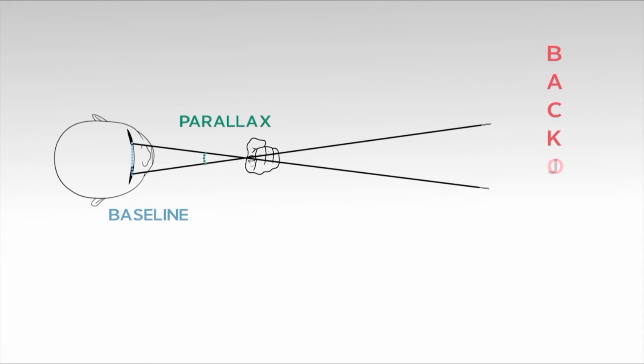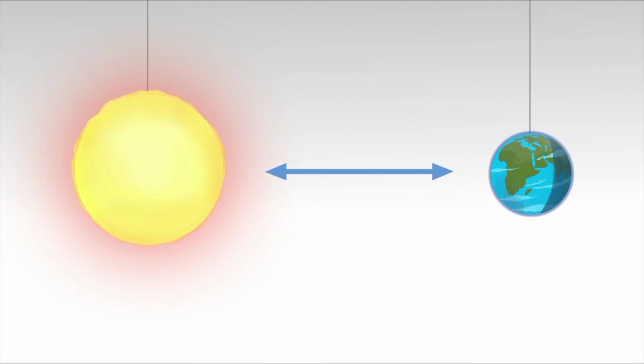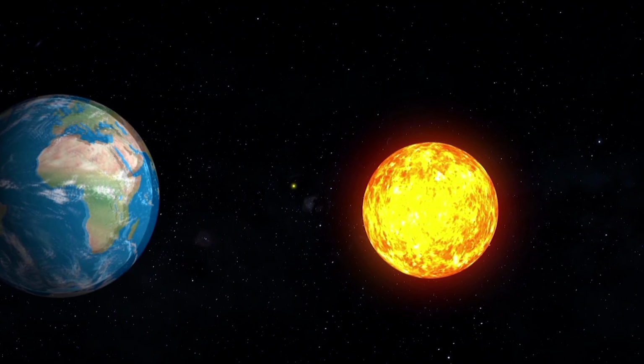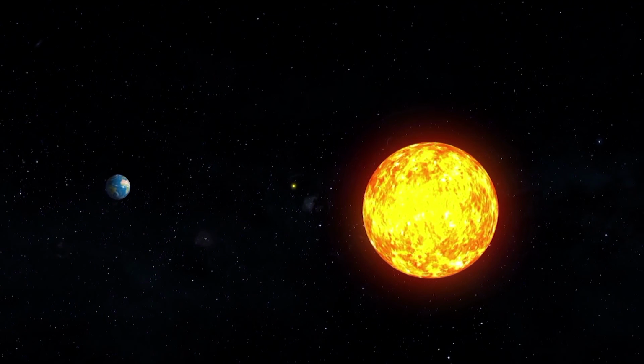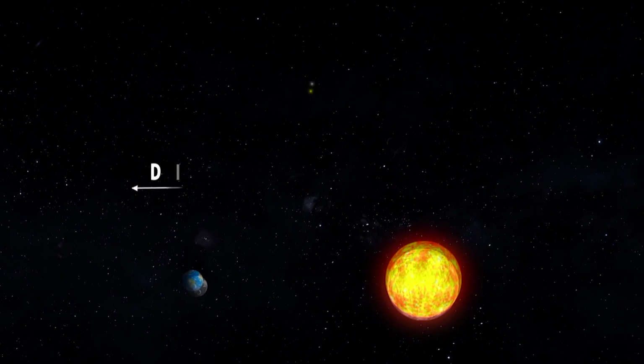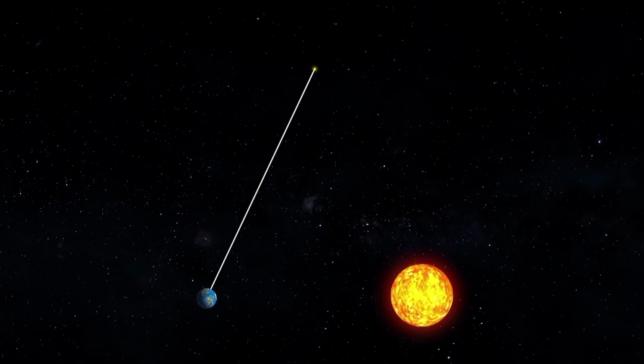By using parallax, the distance of the baseline, and trigonometry, astronomers can measure the distances to some stars and other objects in our galaxy without leaving the solar system. Stars are astronomically far away from the Earth. As the distance to a star increases, the parallax decreases.